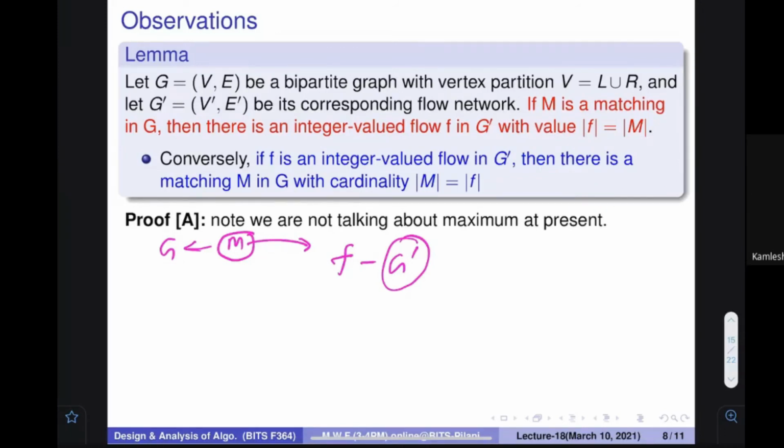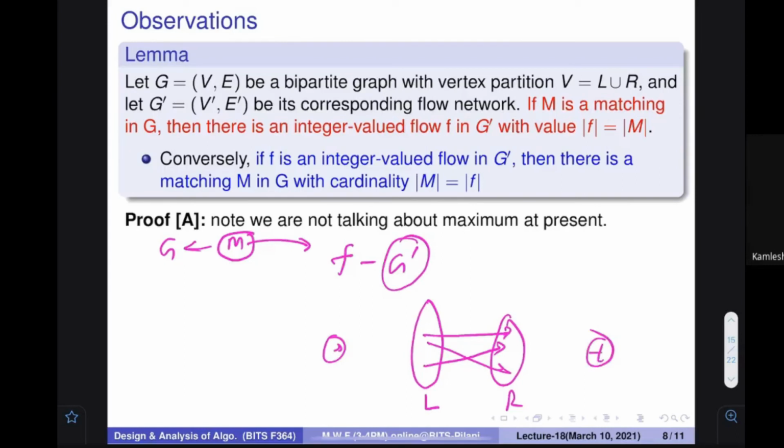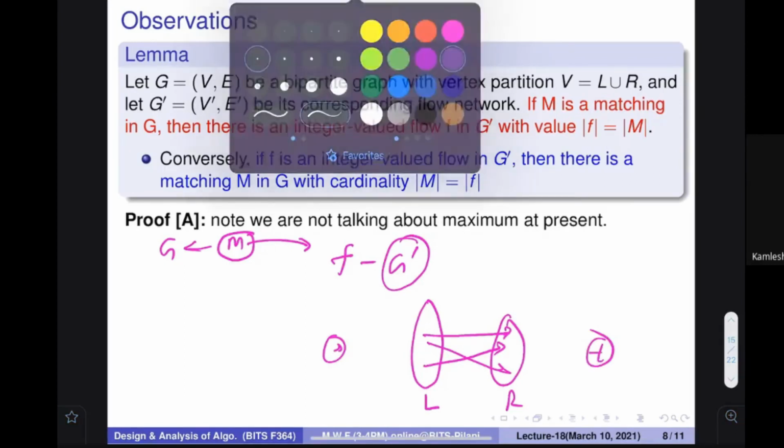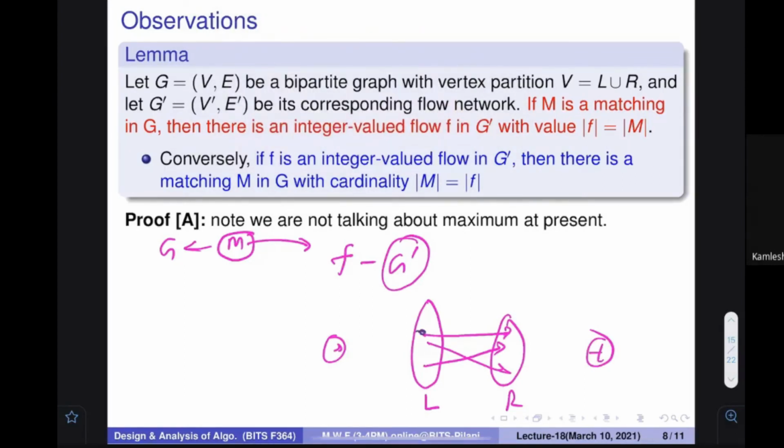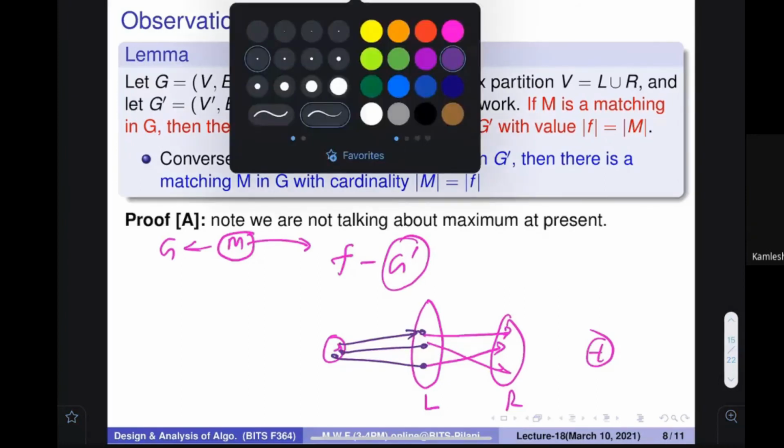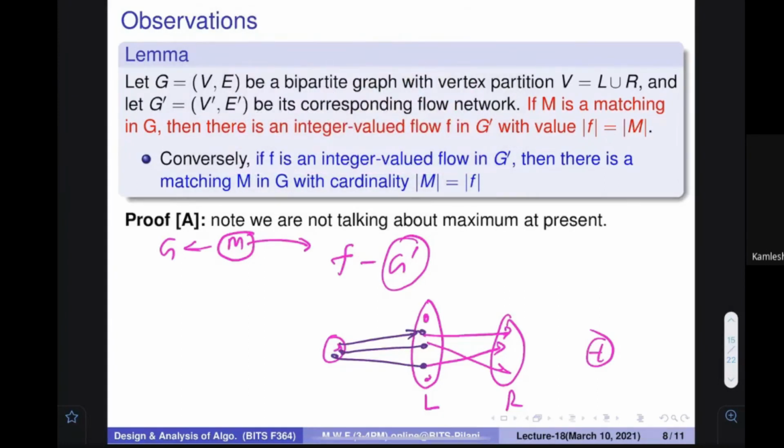Okay, so how am I going to do that? You know that L and R are there, and matching means there is some connection over here, and there is S and T. So I would do one thing: for all the things which are here, I would connect them with S. All the things which are actually matched, I would connect to S. Try to understand that there could be more nodes also, I'm not taking care of them.